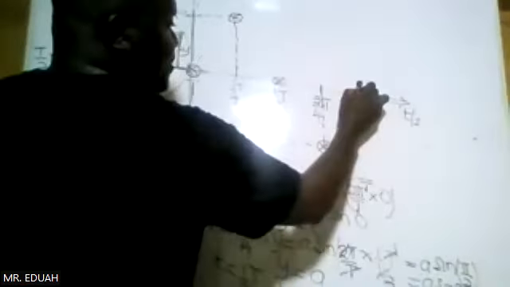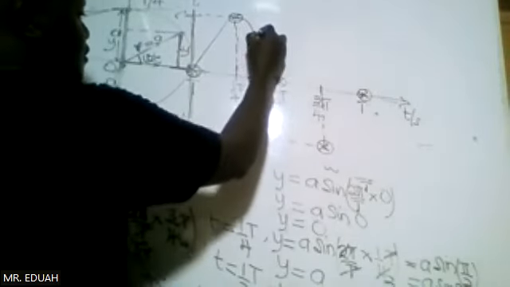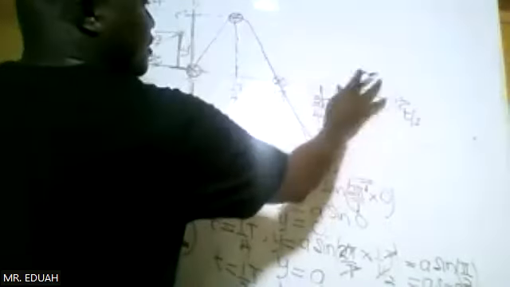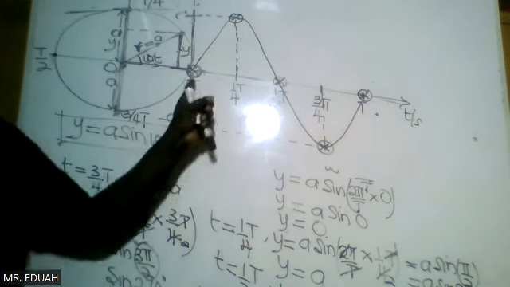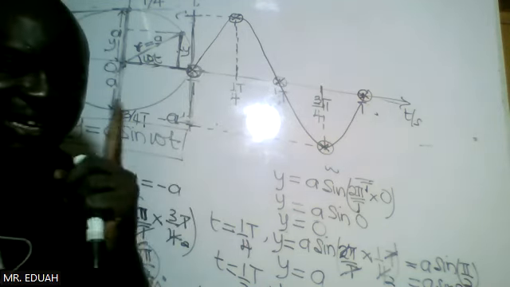Okay, so displacement is 0 here. Now when you plot, just join your points. And this is the displacement equation for an oscillating body over one cycle.